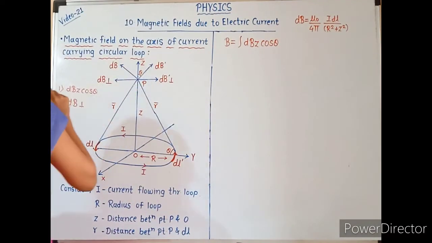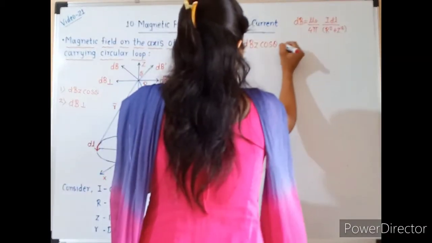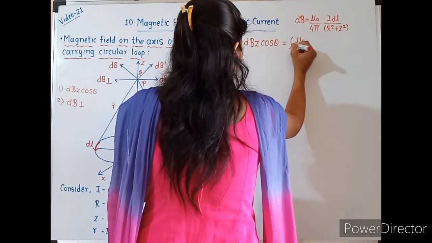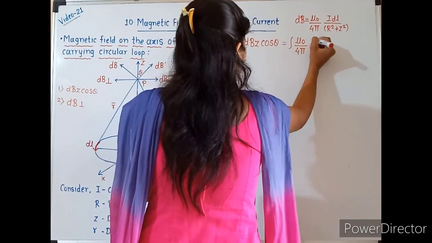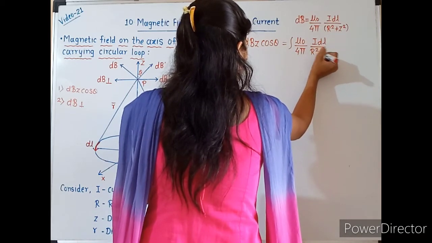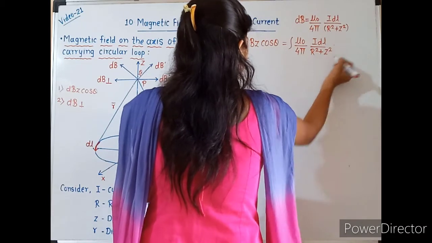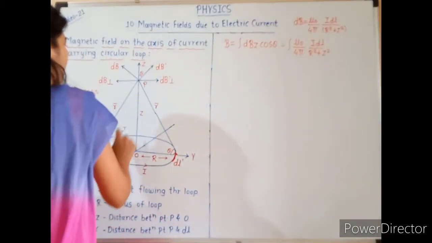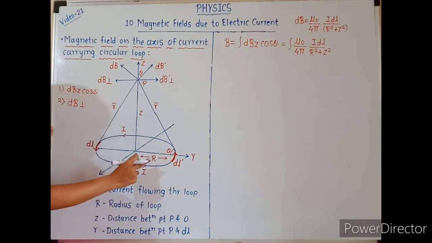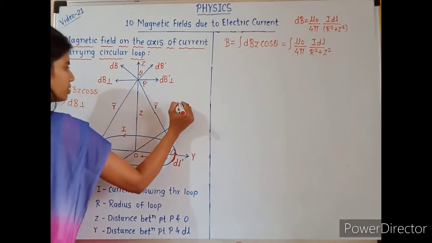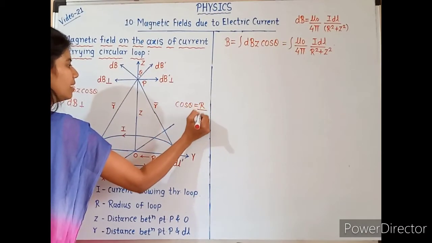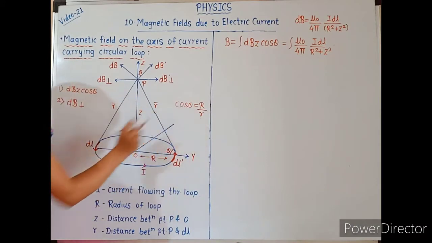So integration of dB, where the value of dB is mu 0 upon 4 pi I dl upon r square plus z square, into cos theta. Now this is a right angle triangle, so cos theta is equal to adjacent side upon hypotenuse.